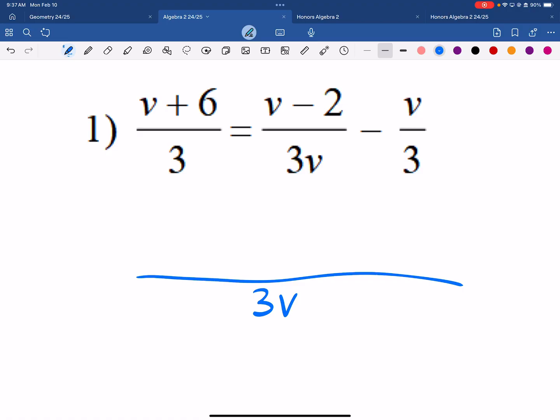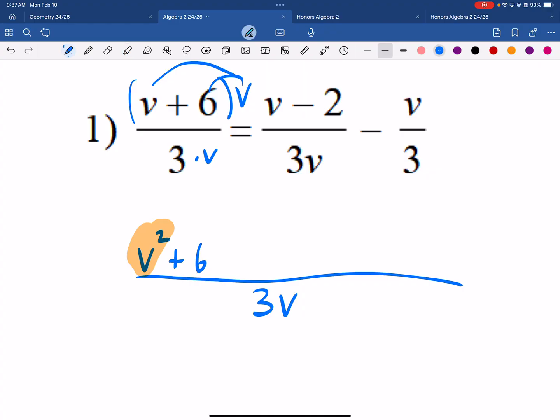Okay, so the first one, we have to multiply by v. Now we've got it to be 3v, so we have to multiply the numerator by v. V times v is v squared, plus v times 6 is 6. Now you already notice it's a quadratic going on here.